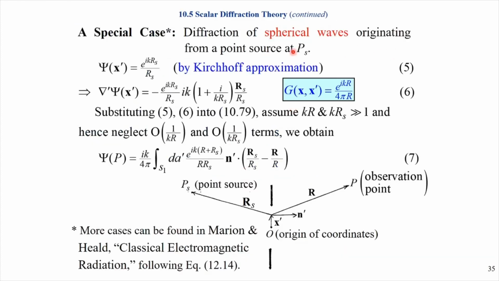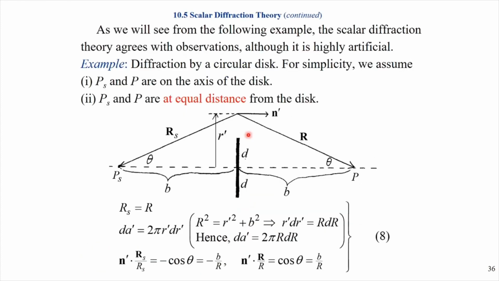I will give you a special case, the diffraction of a spherical wave originating from a point source at PS, and we can calculate the diffraction. On the other hand, in another case, we have an obstacle here.